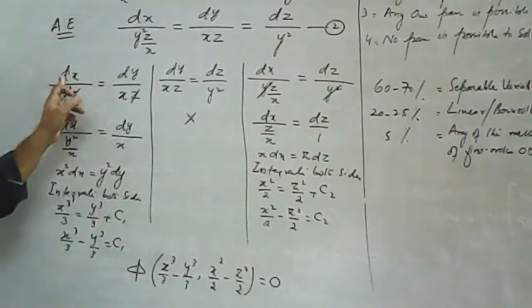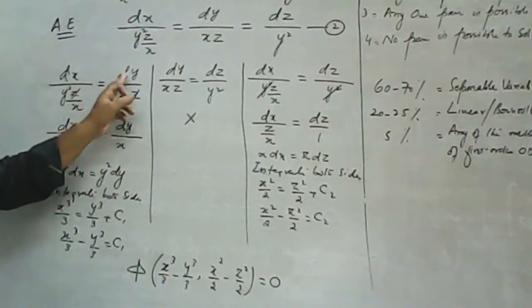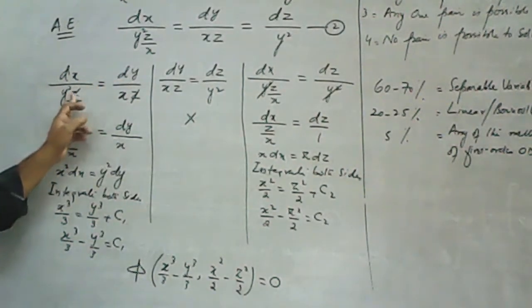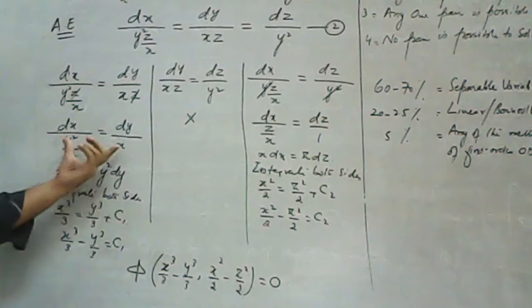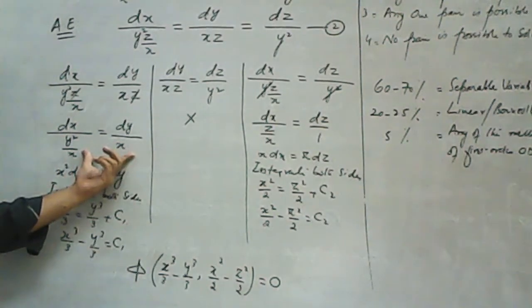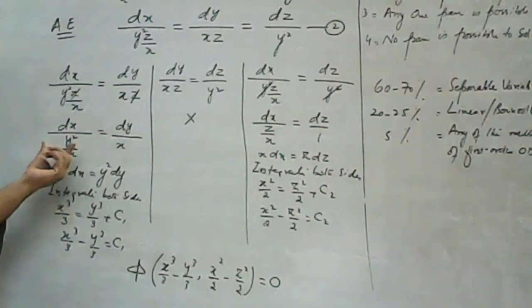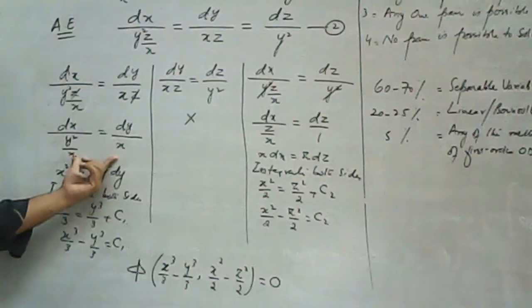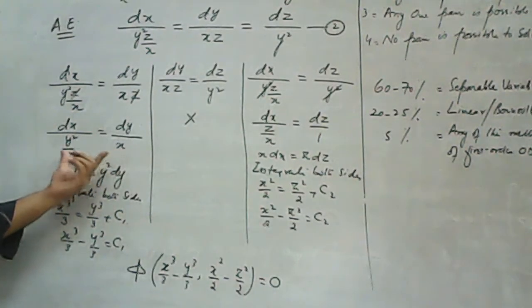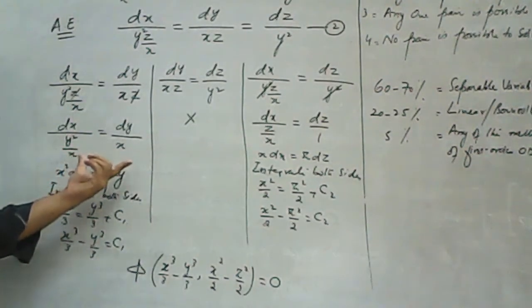But here look, x and y, so z is missing. Z was there, but it cancelled in simplification. So look at the simplified form: x and y are in the numerator and z is missing, so we do not need z in the denominator, and if z is not there, it means this pair is solvable.